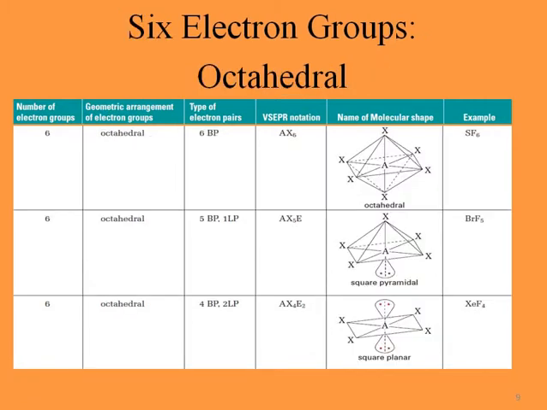And finally, we have 6 electron groups, octahedral. We have 3 different shapes based on the number of bonding pairs and lone pairs: 6 bonding pairs, 5 bonding pairs and 1 lone pair, and 4 bonding pairs and 2 lone pairs. AX6, AX5E, AX4E2.